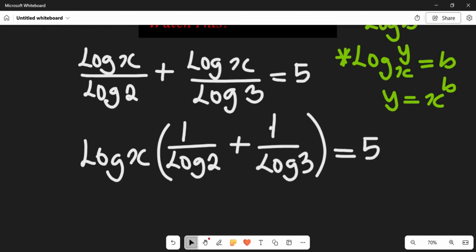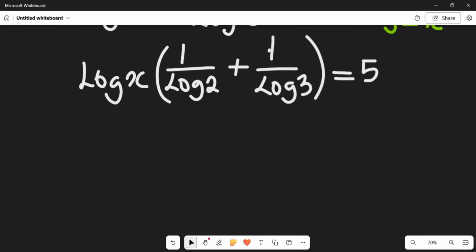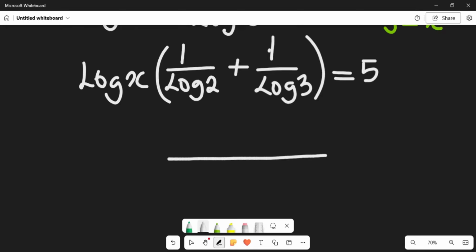Great. Now, you see that we can easily use the lowest common multiple principle in solving the expression in the bracket. If we use that principle, the common denominator will be log 2 multiplied by log 3, right?